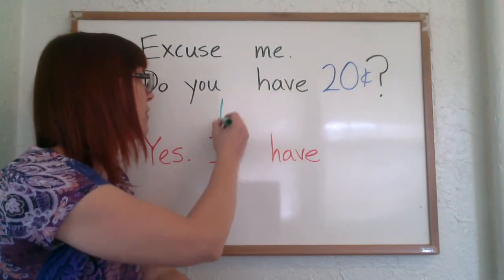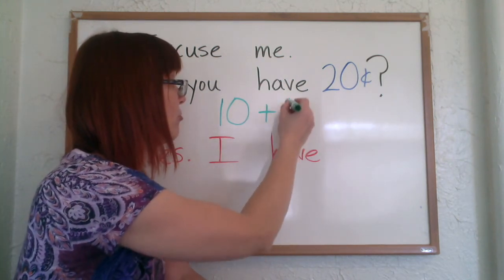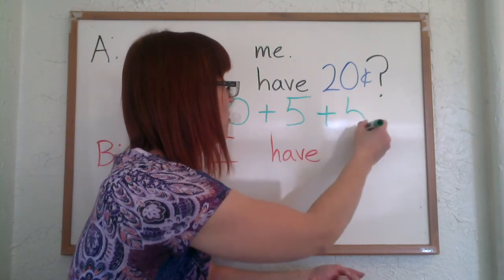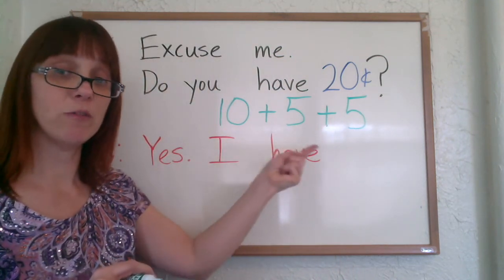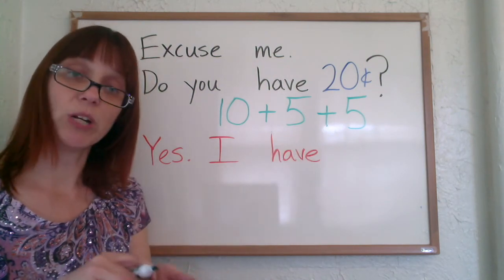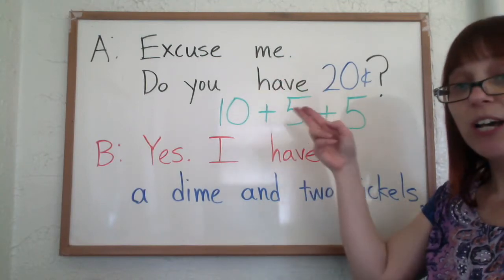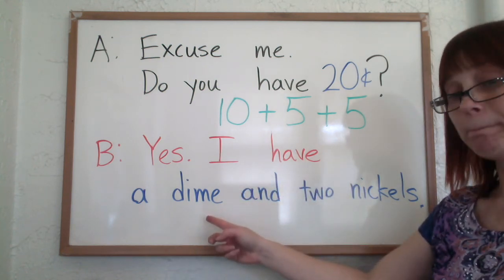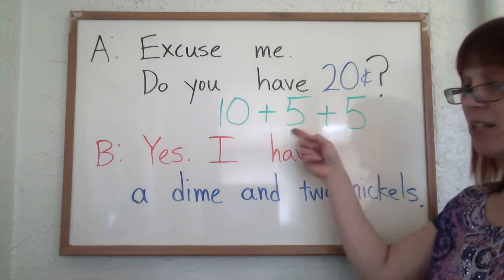So that's 10, it's a dime, plus 5, it's a nickel, plus 5, it's a nickel. 10 plus 5 plus 5 is 20. 20 cents. I have a dime and 2 nickels.